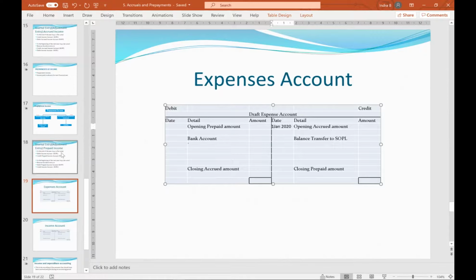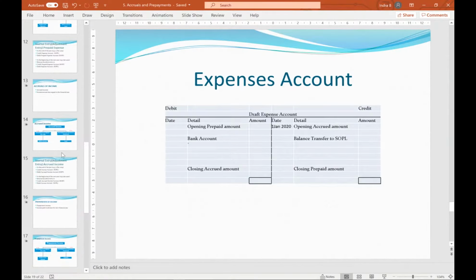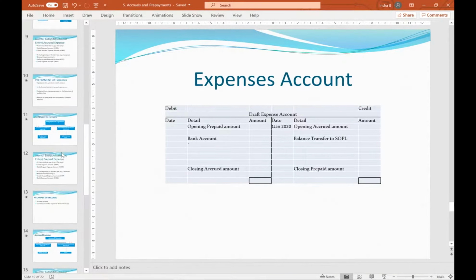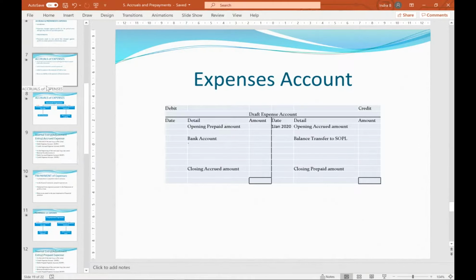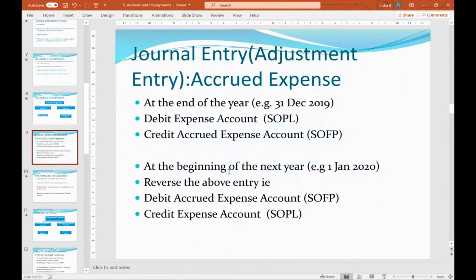So if I go back in our notes, journal entry for accrued expense. If you see here, at the beginning of the year, we reverse the entry. It means we credited the expense account.